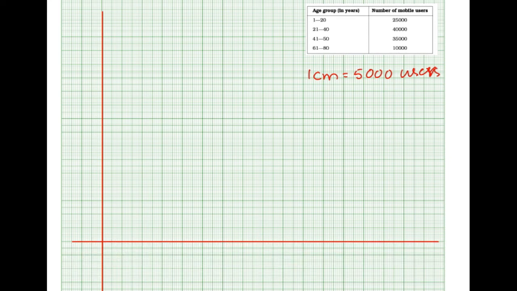Let me mention now the vertical one has the number of mobile users. On the horizontal line I'm going to write the age group.